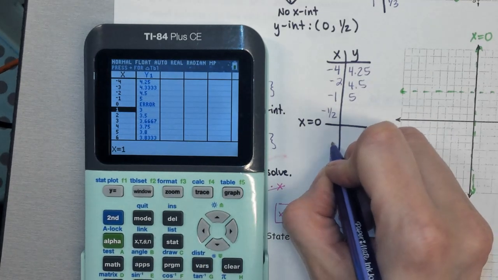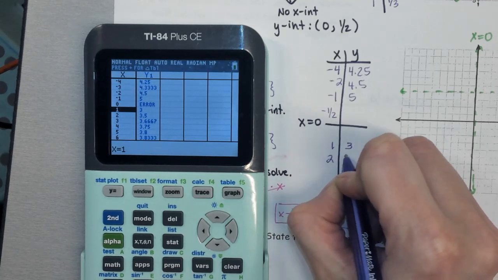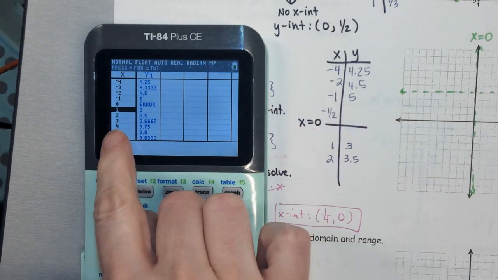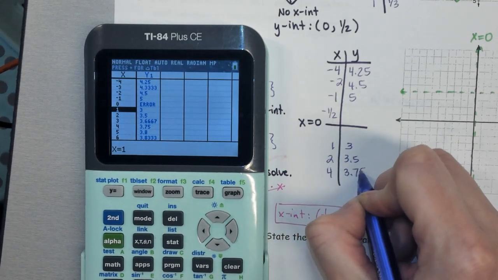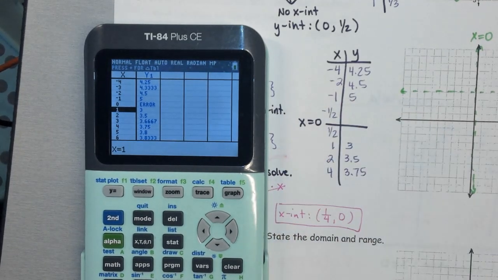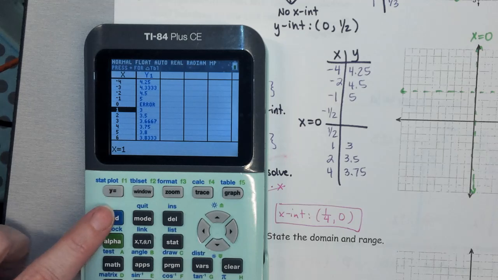Okay, and then here I have the 1, 3, the 2, 3.5. I'll skip the 3 again because the 4 is 3.75. That decimal is just a little bit nicer, so that's why I'm choosing it. You don't have to. You could just do the 1, 2, 3.